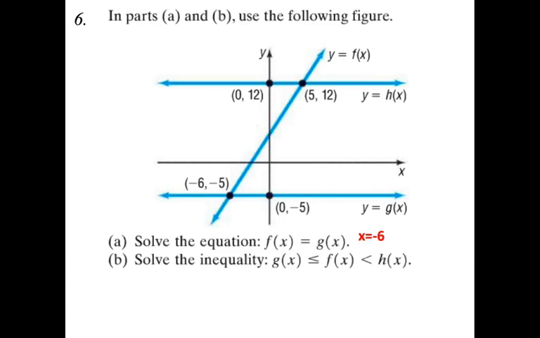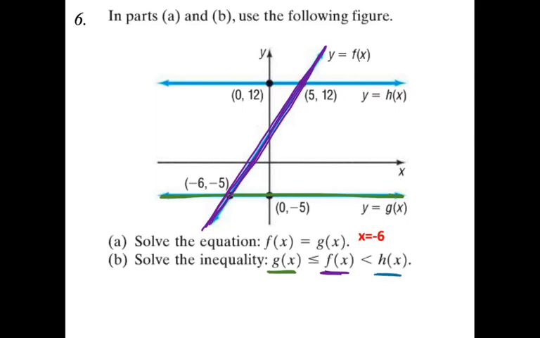So I am going to color code these lines, and then we're going to go from there. I'm going to color code g of x with a green line, and then I'm going to color code f of x with purple, and then h of x I'll keep blue.